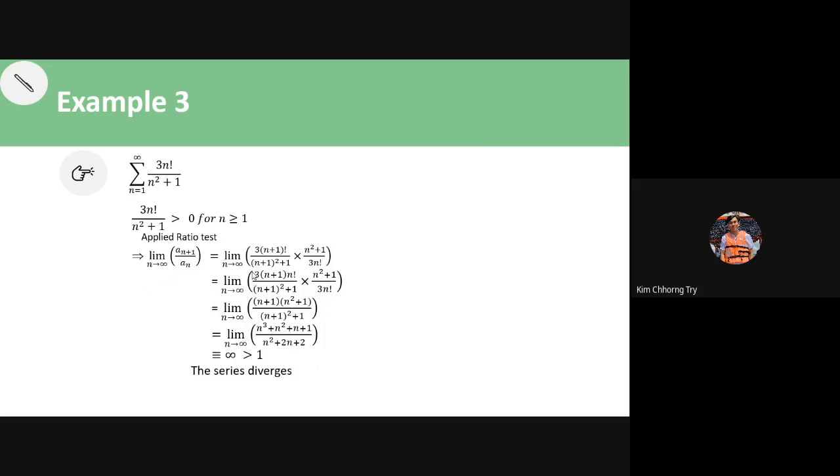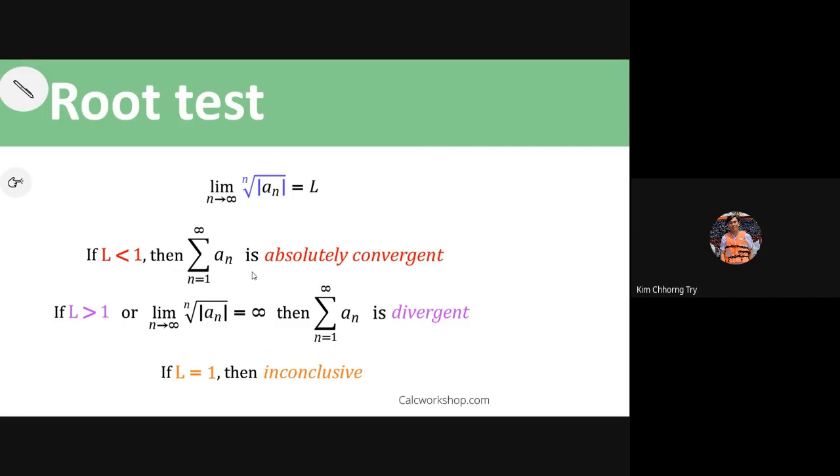Let me talk about the other test, which is the root test. For the root test, we have the limit as n approaches infinity of the absolute value of a sub n to the 1 over n, which equals L. If L is smaller than 1, then the series of a sub n is convergent, or absolutely convergent.